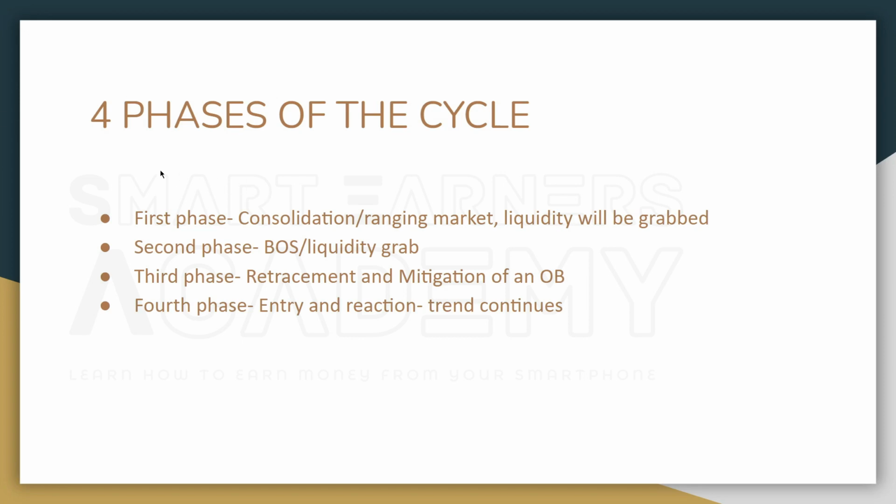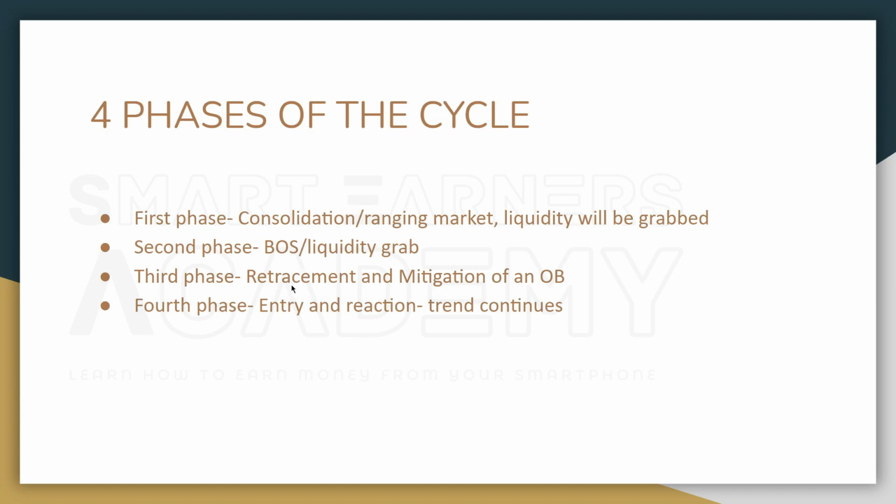So let's begin now. The 4 phases of the cycle. The first phase, consolidation, ranging market, which will create liquidity, as we now know, which will be grabbed, right? And then the second phase, break of structure, following a liquidity grab, right? All of the liquidity created from the consolidation will be grabbed by smart money, right?